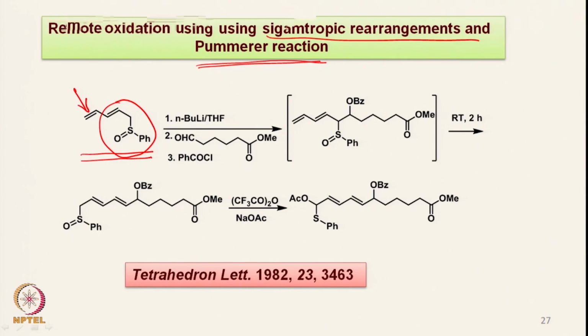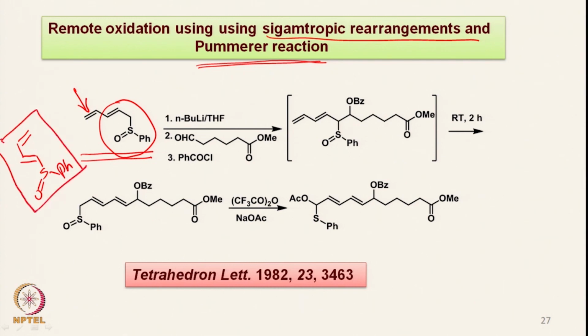In the Diels-Alder reaction case, what we had taken was this particular vinyl sulfoxide as a diene, where the sulfoxide part was directly attached onto the double bond, which is why it underwent Diels-Alder reaction. But that is not the case here. In this particular case, what you would have is allyl sulfoxide rather than vinyl sulfoxide.